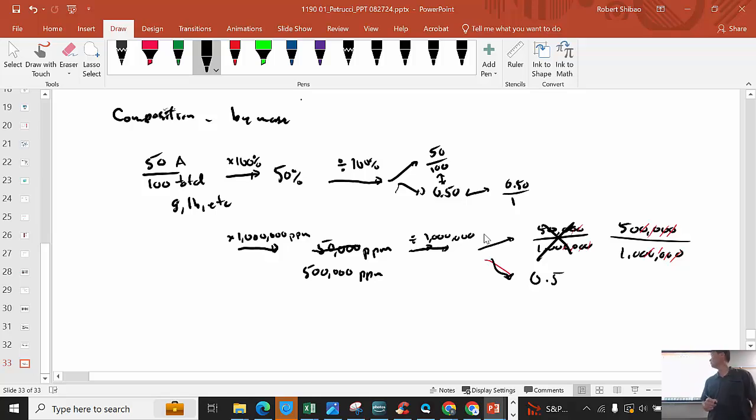Now sig figs, it's ambiguous here. As far as sig figs go, if I have 50, how many sig figs is that? We have 3 choices for the sig figs. It might be exact. It depends. Hypothetically 50, then we'll say exactly 50 to keep things easy. Or it could be 2 sig figs. But if it's 2 sig figs, what we typically do is put a little decimal point in here to make that zero significant.